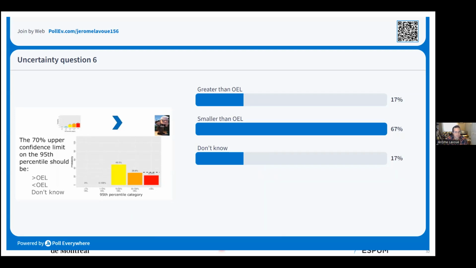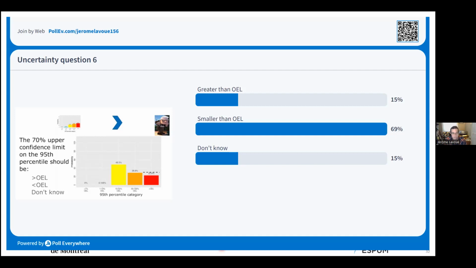So indeed, this graph suggests that the 70% upper confidence limit would be smaller than the OEL. And why is that? Well, the key information here is that the probability that the true 95th percentile is above the OEL is 22%.